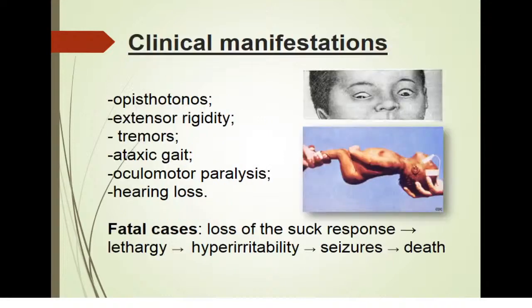Clinical manifestations of kernicterus, bilirubin encephalopathy: opisthotonus, extensor rigidity, tremors, respiratory disorders, heart rate disorders, ataxic gait, oculomotor paralysis, hearing loss, loss of the suck response, lethargy, hyperirritability, seizures, death.